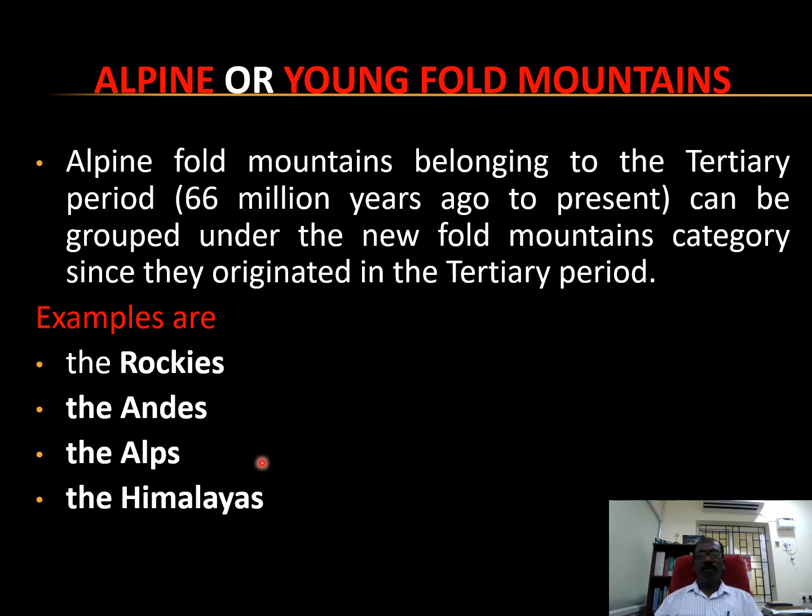These are the young fold mountains found in the world, where high peaks and valleys are present. See the difference between these two. Old fold mountains are short in nature. It's eroded topography. Sometimes it becomes flat. But young fold mountains have high peaks and valleys. This is the major difference between young fold mountains and old fold mountains.